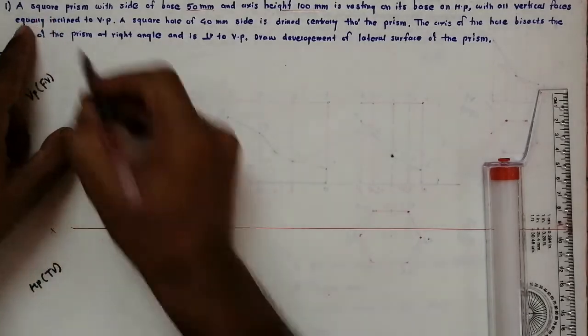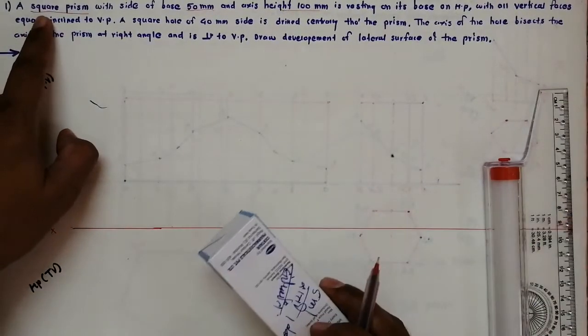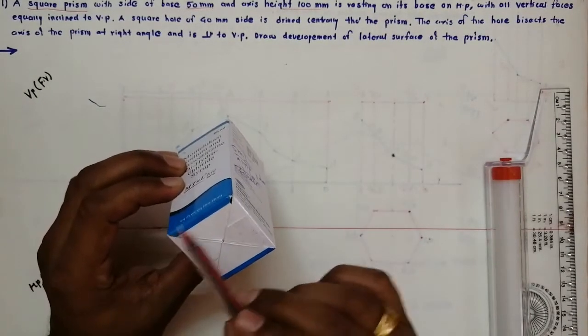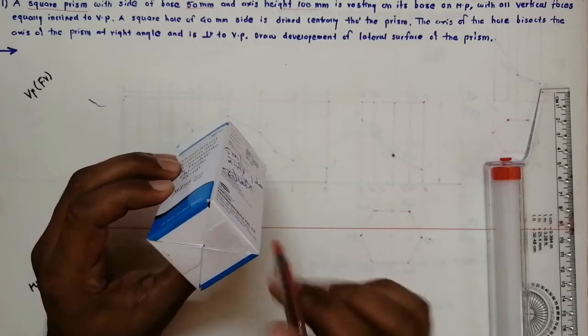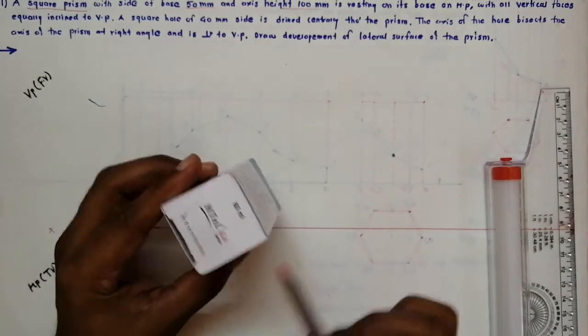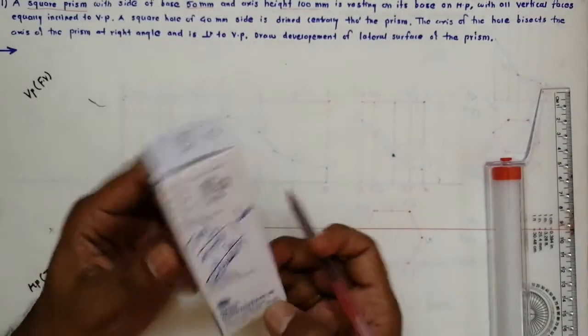Okay. Now square prism is given in the problem. Now we'll first see how the square prism looks like. So the square prism is something like this. It is having the base as a square, one square at the bottom, the another square at the top. The edges of these two squares are joined by means of the rectangles.